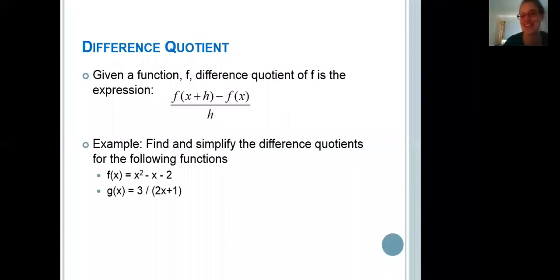Okay, my function, f of x equals x squared minus x minus 2.